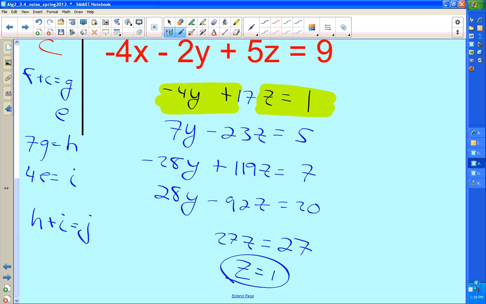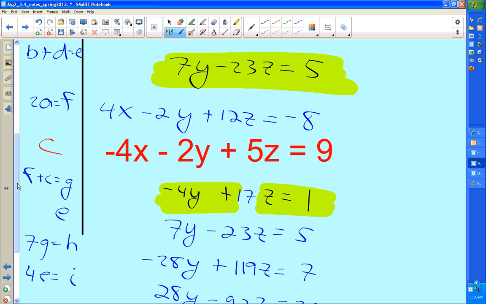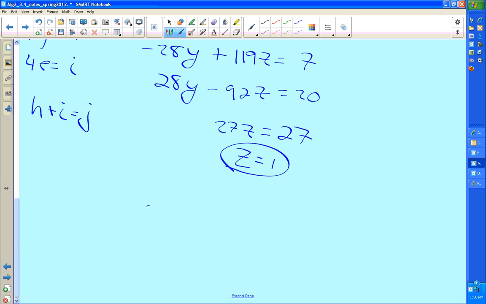Where should I plug it in? That's exactly right. Into G, into either G or E, either one that has only the 2 variables. So we could do this one.